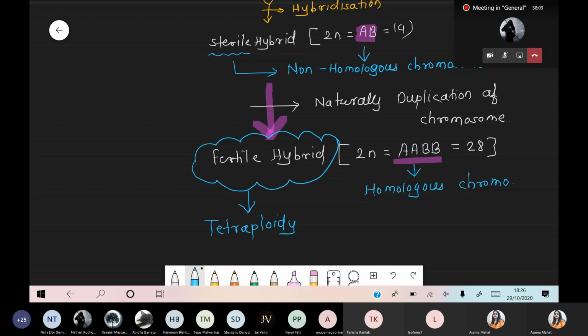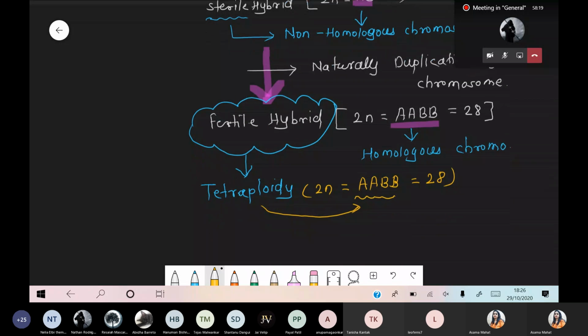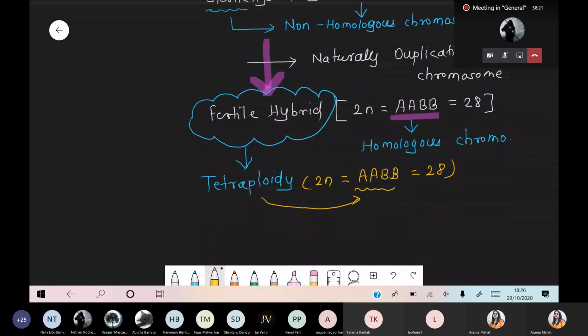And why do we say that is tetraploidy? Because at diploid condition there is a presence of capital A, capital B, equal to total 28 chromosome. So tetraploidy is formed, 4 sets of chromosome. And now the name of this tetraploidy is Triticum turgidum.